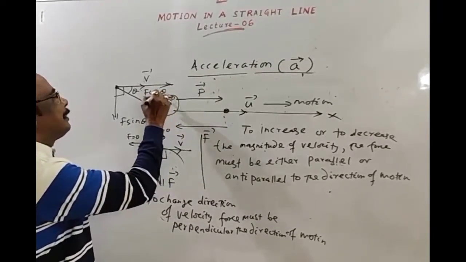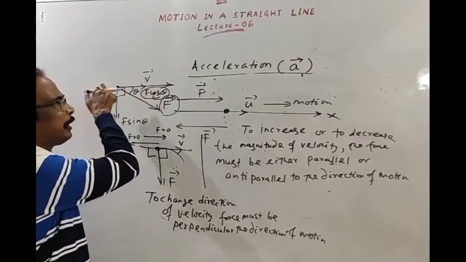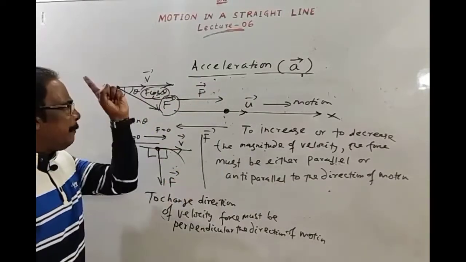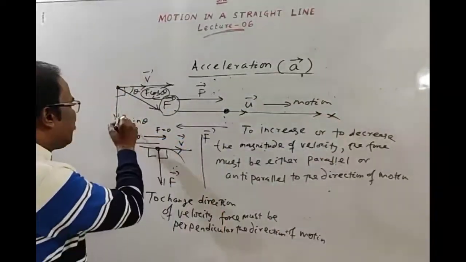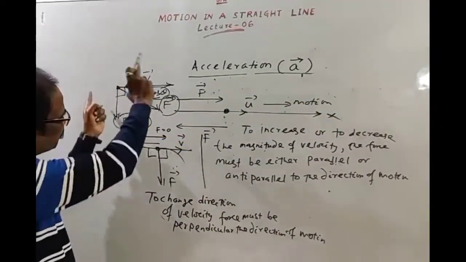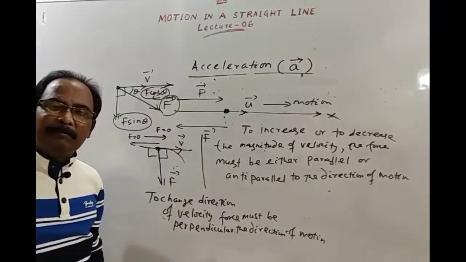F cos theta is along the direction of motion and is responsible for increasing the magnitude of velocity. F sin theta is responsible for changing the direction of velocity.